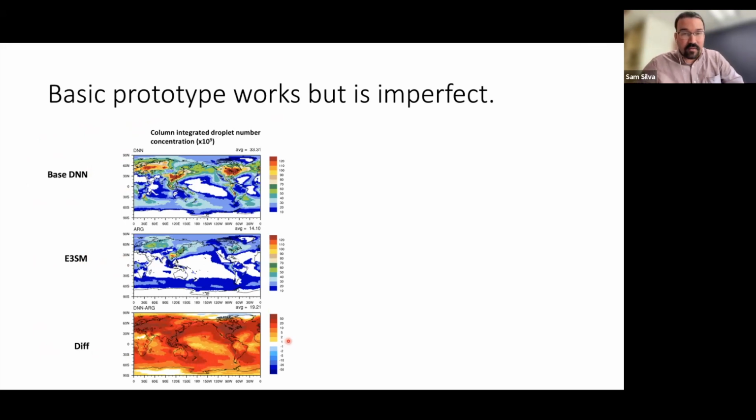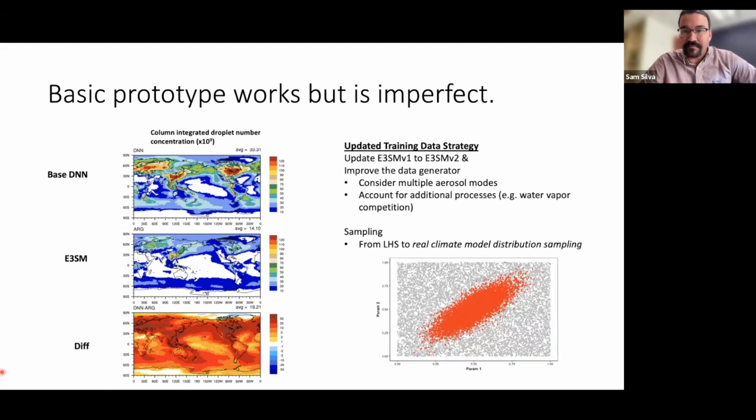Now, we don't know if this is correct, and we know that there are some limitations in our case study that I described earlier, right? This sort of offline convenience approach. And so we wanted to make this more realistic and more representative of the conditions in which it would be used. To do that, we updated our training data strategy in particular.